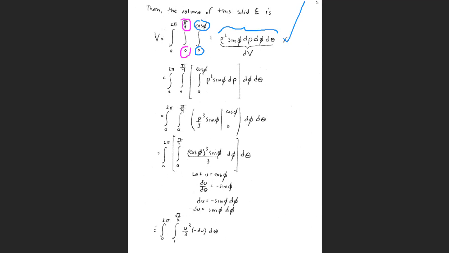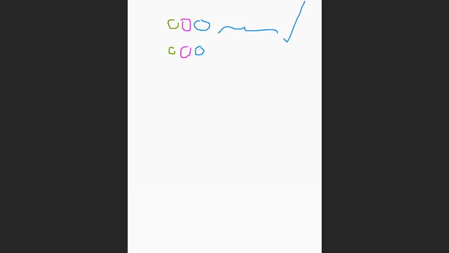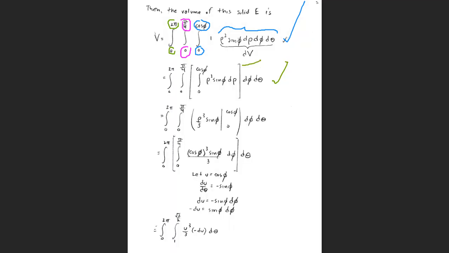And the theta would naturally go between 0 and 2 pi. And so you have a very nice integral here to work with. So naturally, I like to use the iteration symbols here.